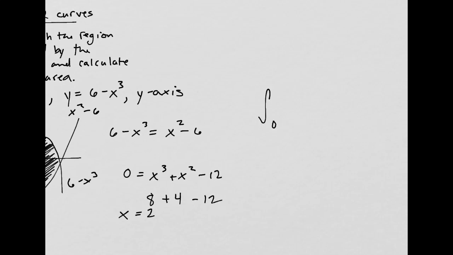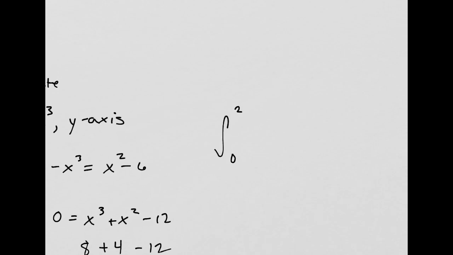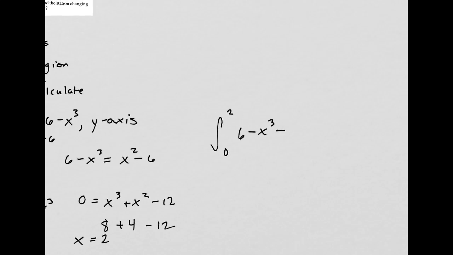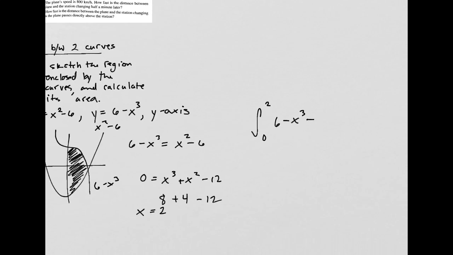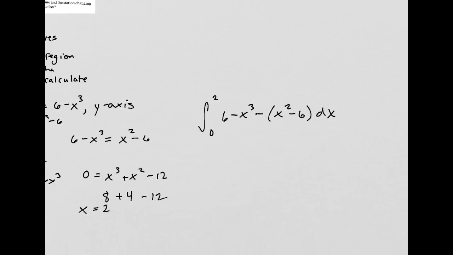And I'm integrating from 0 to 2. The top function, we just said, was 6 minus x cubed minus x squared minus 6.